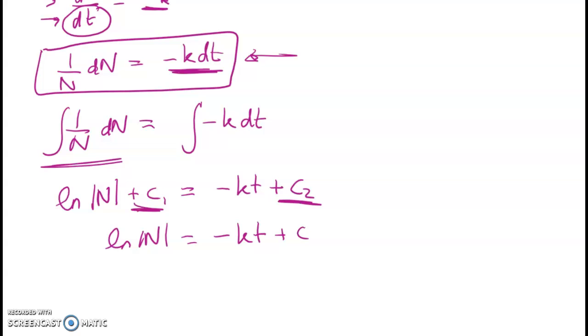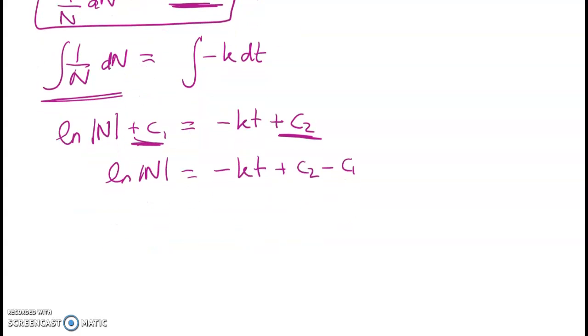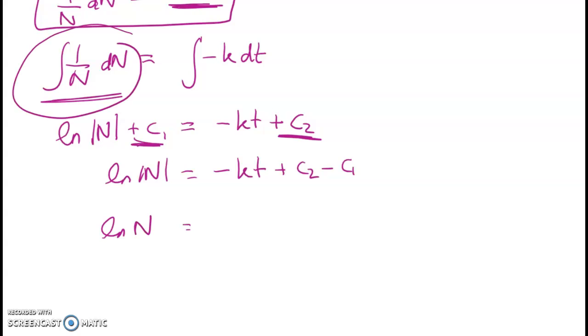I'm going to write that as this, but that's about the only time I'm going to do that this year. From now on, they all wash up together, so when I do this side, I won't bother writing down that plus c. I will just put it in on this side. So the natural log of the amount is equal to negative kt plus c.